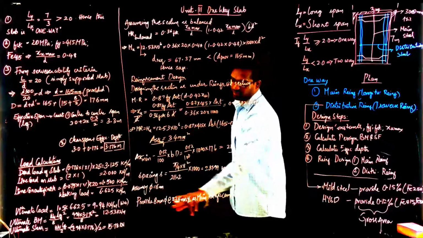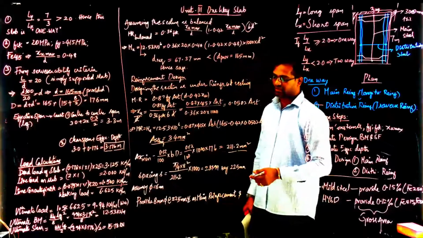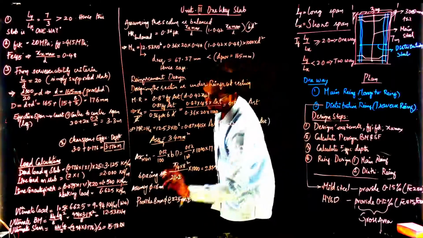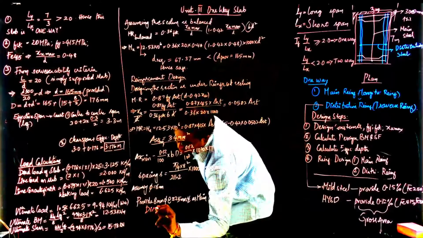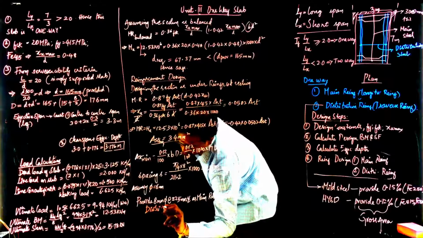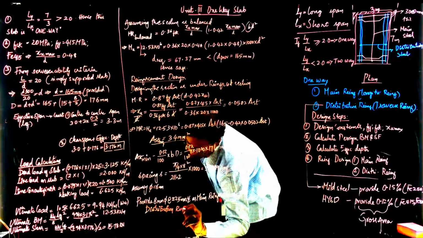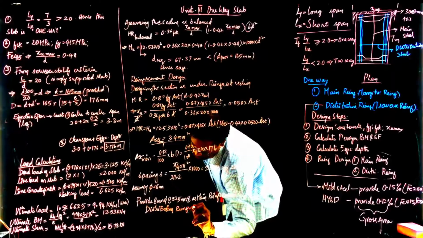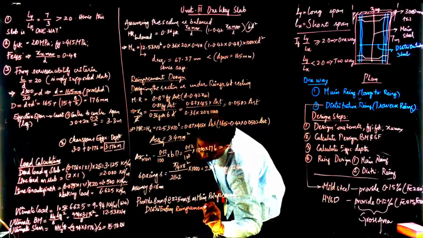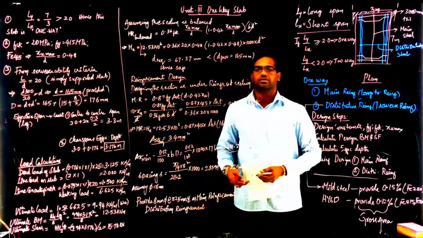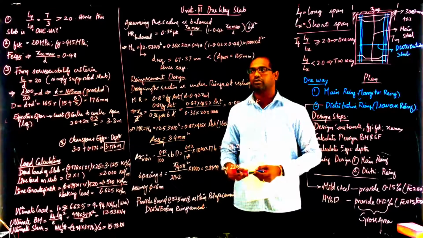So you can provide 8 mm at the rate of 225 mm center to center as main reinforcement and distribution reinforcement. So we will do one more problem.